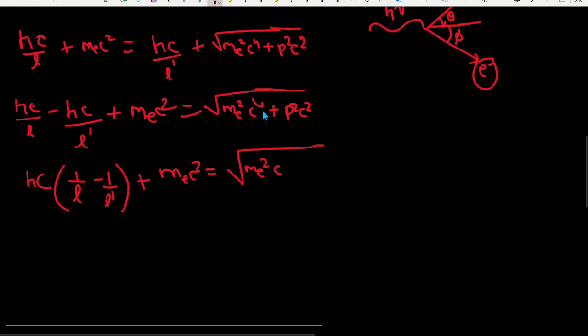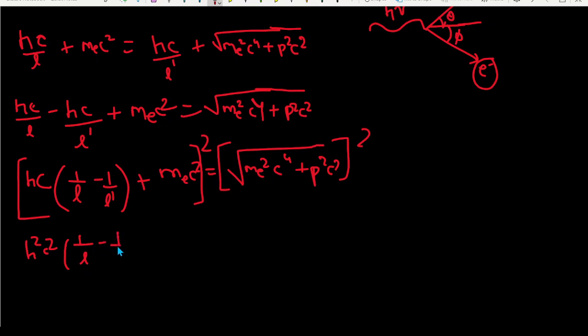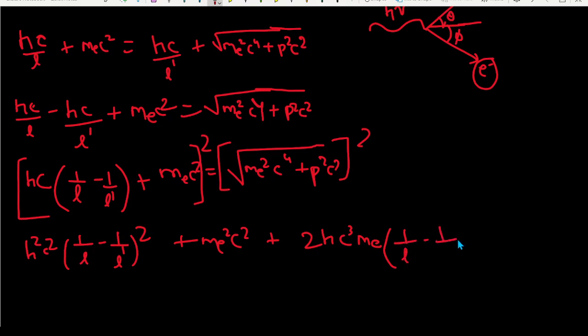Squaring both sides, the left hand side becomes h square c square (1 upon lambda minus 1 upon lambda dash) square plus m_e square c^4 plus 2 h c cube m_e (1 upon lambda minus 1 upon lambda dash).